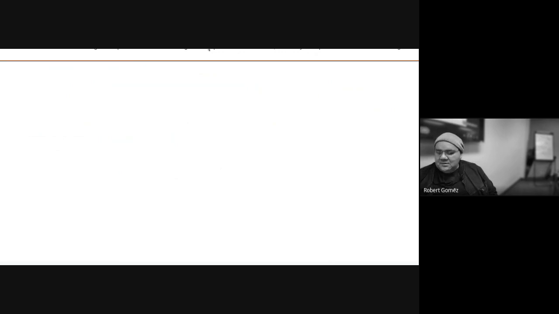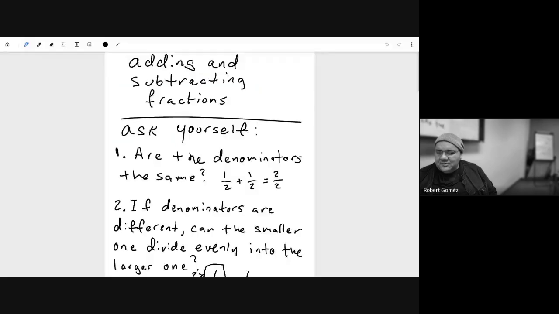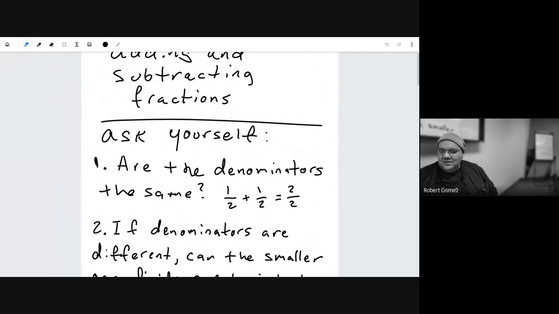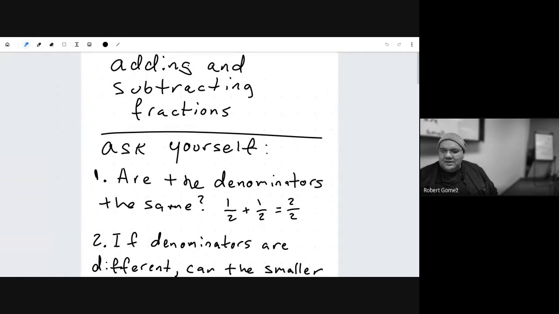But we're going to go over to this now, because this is the one that's really important. I wrote this some time ago, but okay, adding and subtracting fractions. There are 4 important steps. There are four questions that you have to ask yourself when you are adding or subtracting fractions, all right?